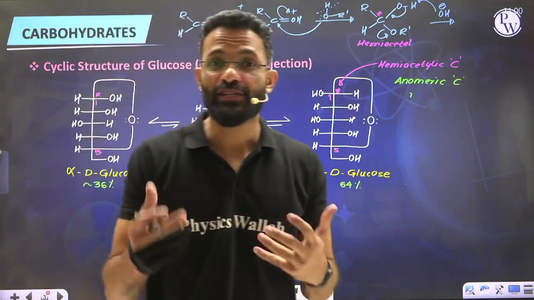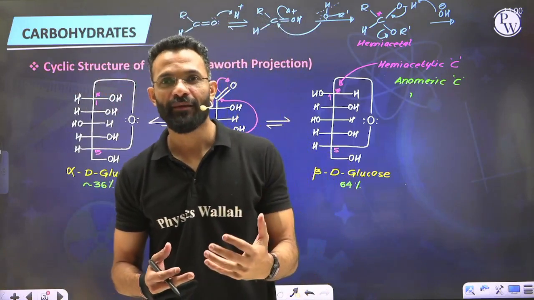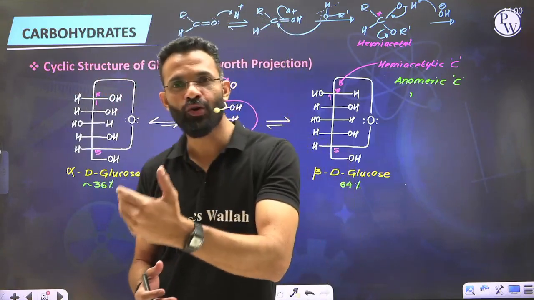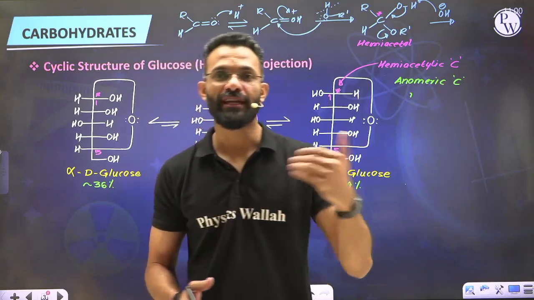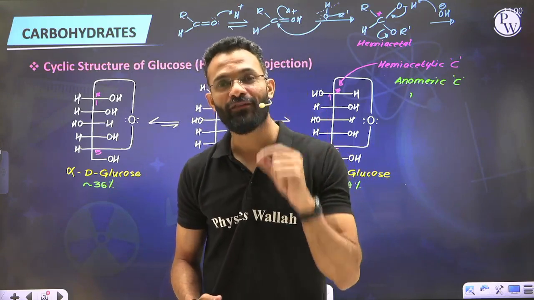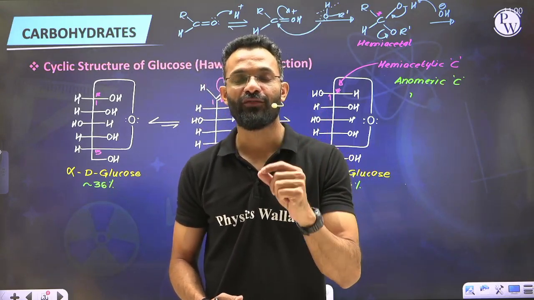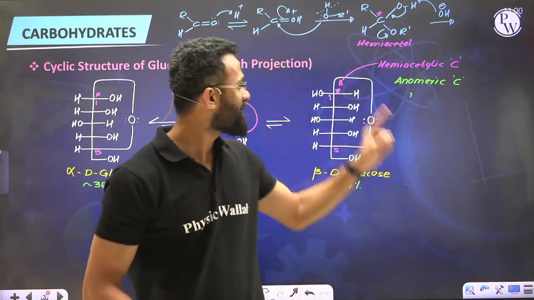Now see, it will make sense to you how we defined epimers. When we defined epimers, remember, D-glucose and D-mannose are C2 epimers. D-glucose and D-galactose are C4 epimers. So epimers are again pairs of diastereomers, but they differ in their configuration at any one of the chiral carbons other than the anomeric carbon.